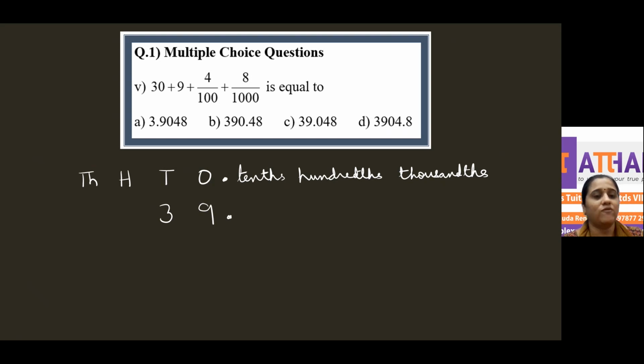Then decimal point. 4 by 100. That means in the hundredths place there is 4. So that means in the tenths place there's nothing given, so add a 0 there. Hundredths place 4 and thousandths place 8. So this is the correct answer. 39.048, which is C. C is the correct option.